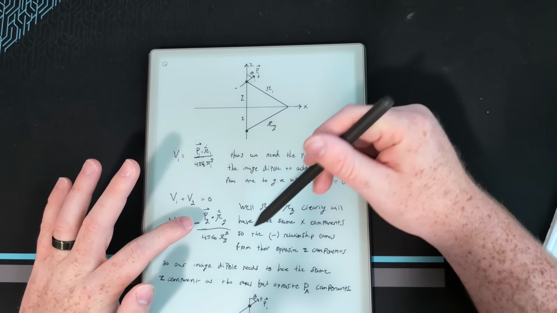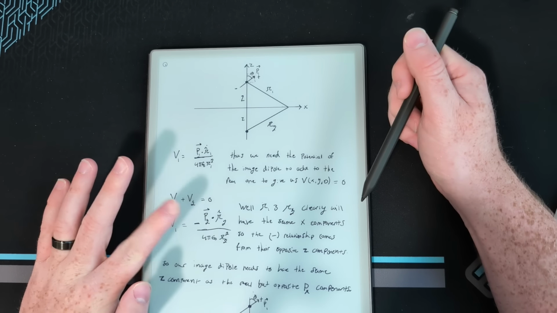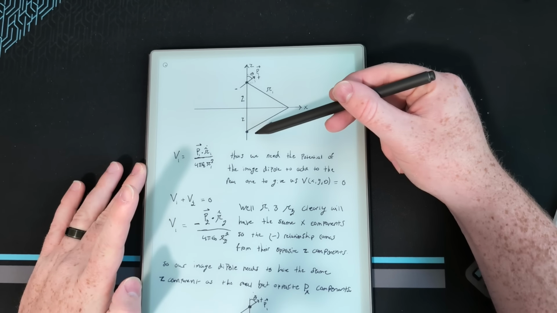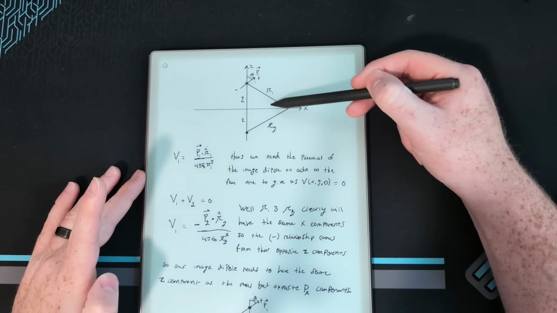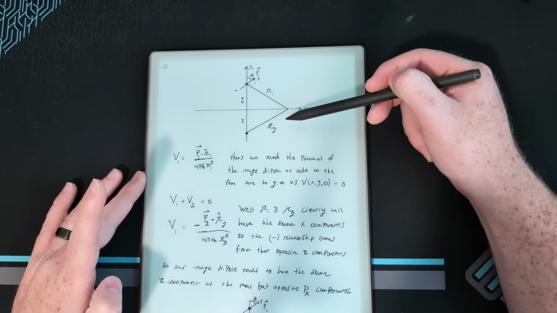So to get this negative sign, what needs to happen? Well, the x components are going to be the same, so that's not going to give us any kind of negative.